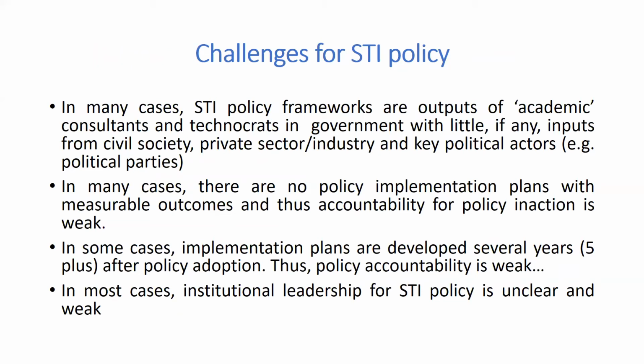For many countries, and we need to appreciate this, these policy frameworks are sometimes outputs of academic exercises, outputs of technocrats in government with little, if any, input from civil society, from the private sector and political actors. And as we'll discuss in the last module, without these key actors, you'll not get very much out of STI policy.